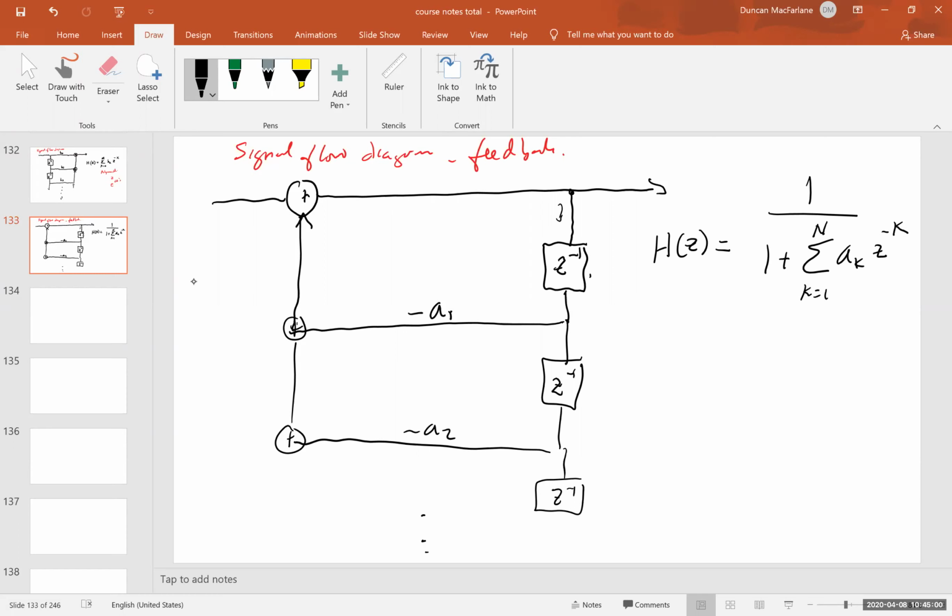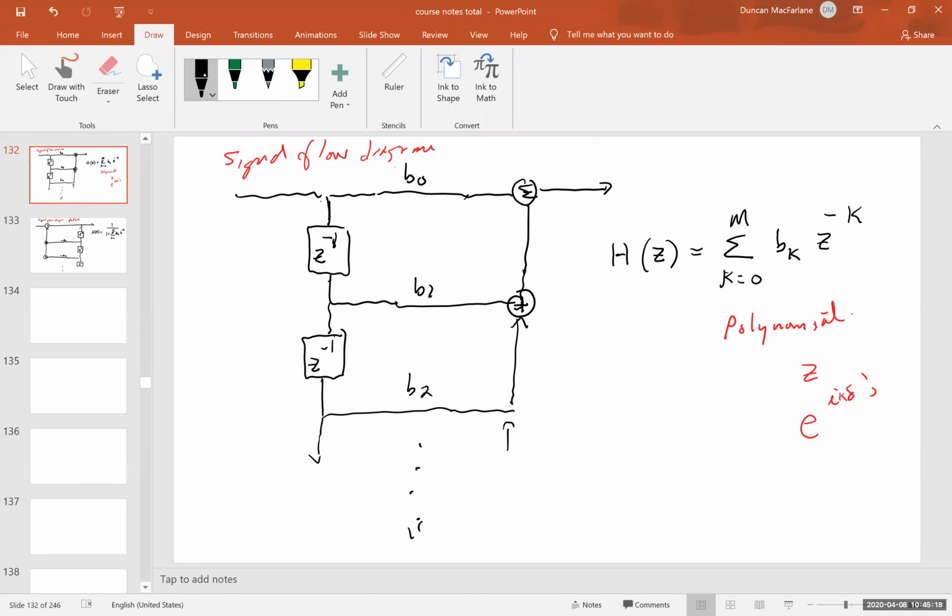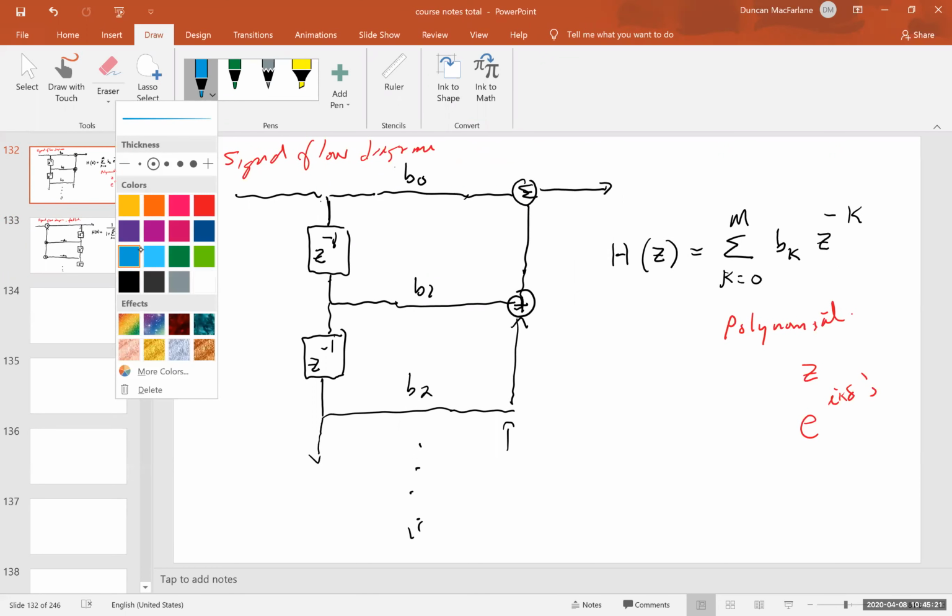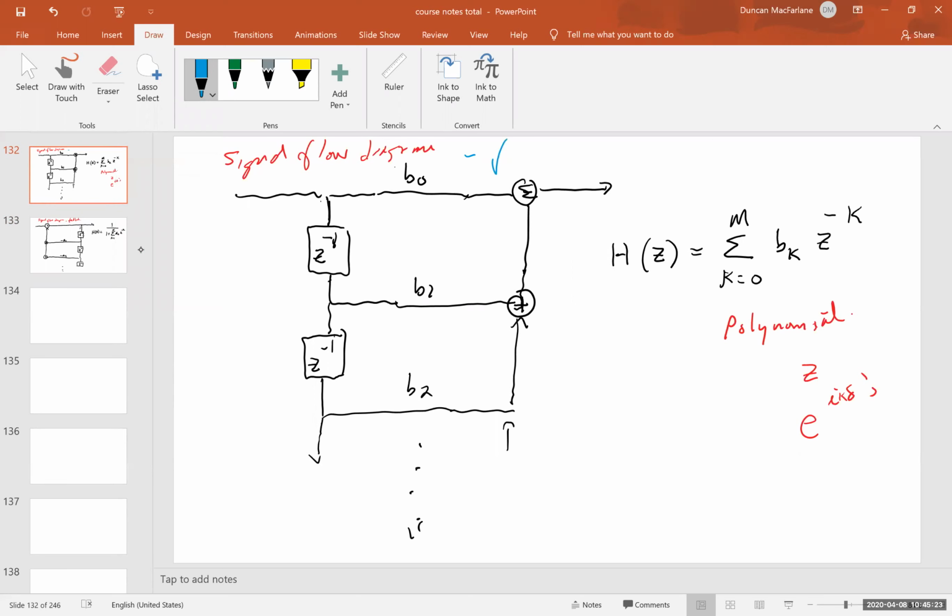And now I have a feedback denominator. There's my feedback denominator. If I call this feedback, you might almost find it sensible to call this feed forward. And that is absolutely a term of art.